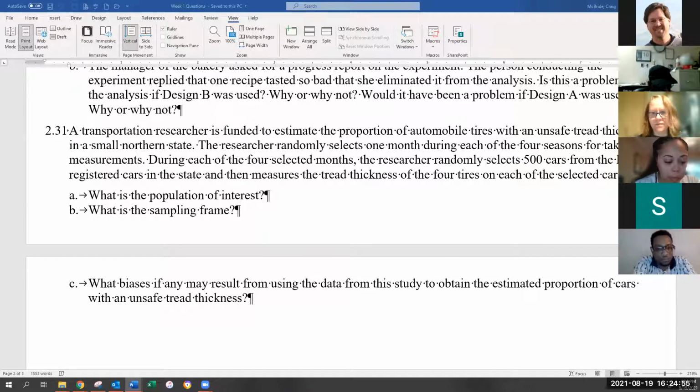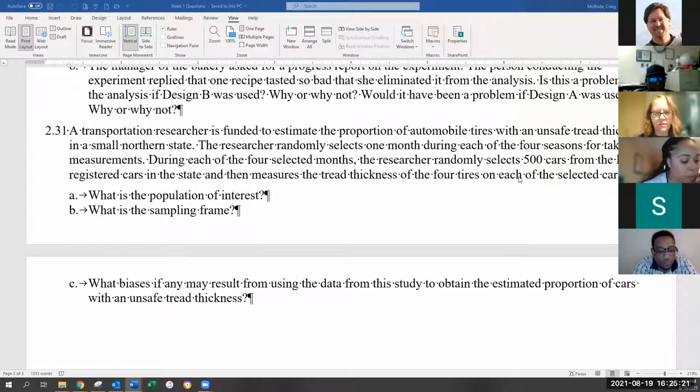So for instance, in this question here, right, a transportation researcher is funded to estimate the proportion of automobile tires with an unsafe tread thickness in a small northern state. They randomly select 1 month during each of the 4 seasons for taking the measurements. During each of those 4 selected months, the researcher randomly selects 500 cars from the list of registered cars in the state and then measures their tread thickness for 4 tires.